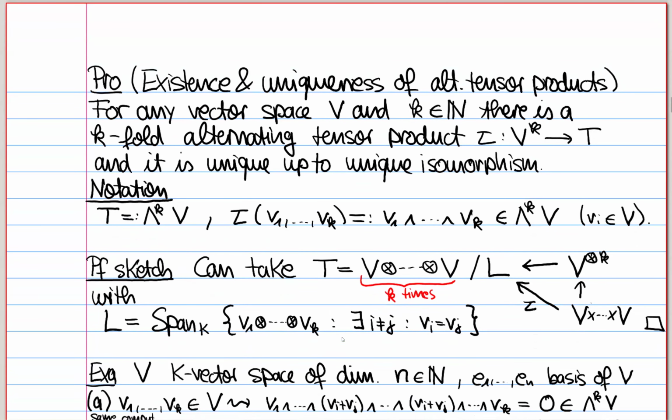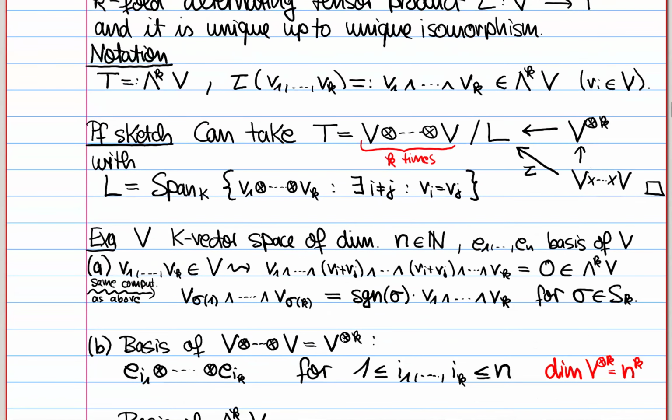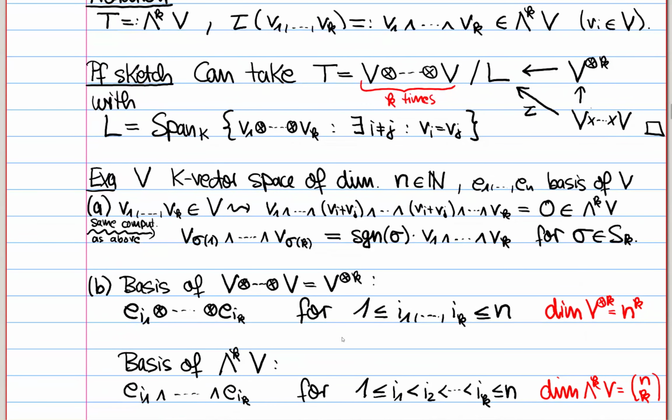But we are going to now explicitly discuss it when V is a finite dimensional vector space with a given basis. We're going to completely understand what happens here. So this is the next example. Let's say V is a vector space of dimension n, and e1 up to en is a basis. First of all, let's repeat the construction that we had before. If you have k vectors in V, then we can look at these wedge products where we repeat vi plus vj in the slots i and j.